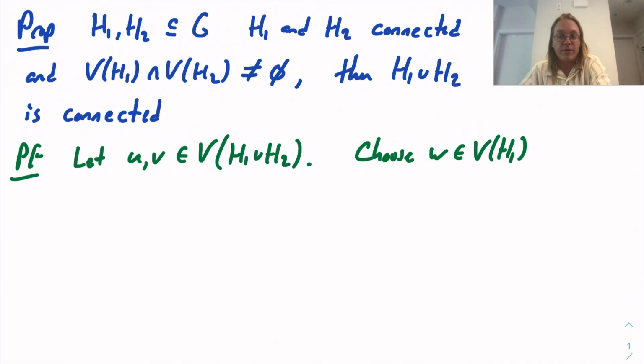So I know that V of H1 and V of H2 have non-empty intersection. So I'm choosing some vertex w in both of them. So w is both a vertex of H1 and of H2. Now, the vertex u is a vertex of H1 union H2, so that means it's either in H1 or it's in H2, right?